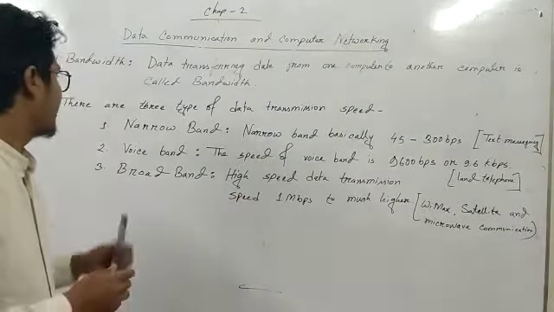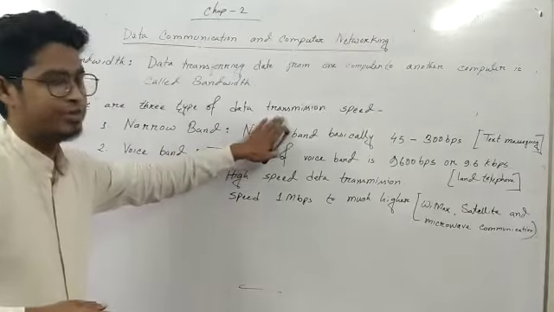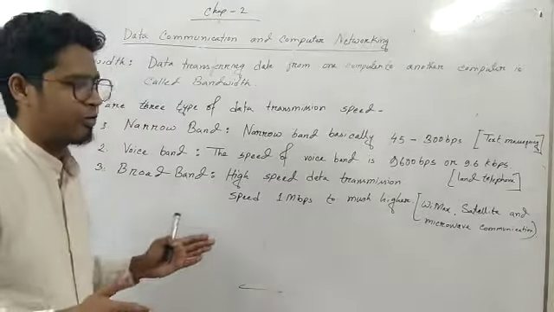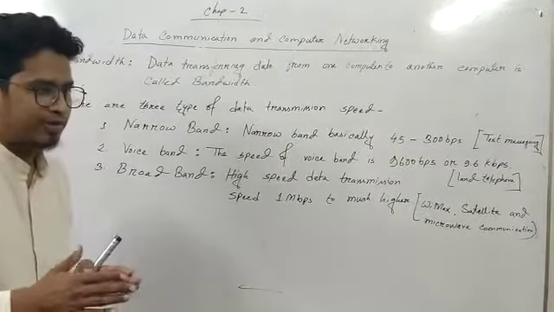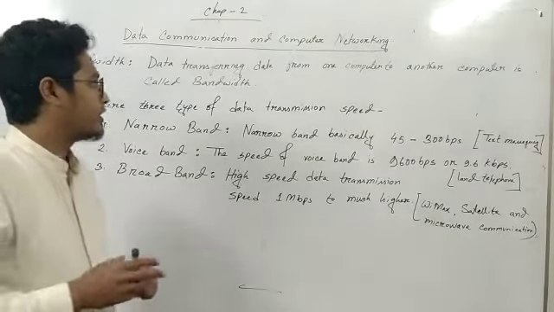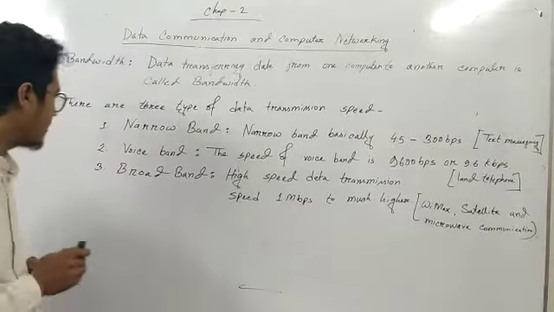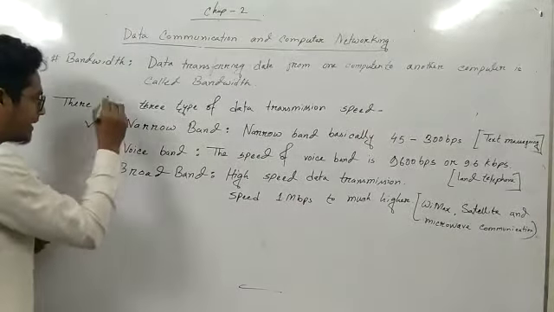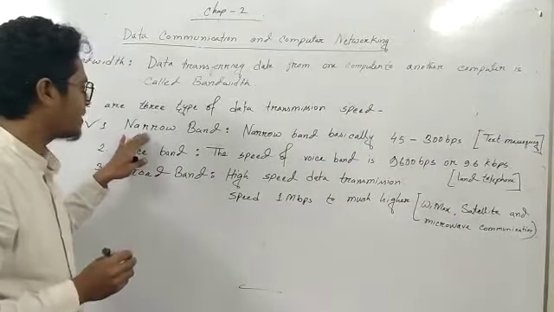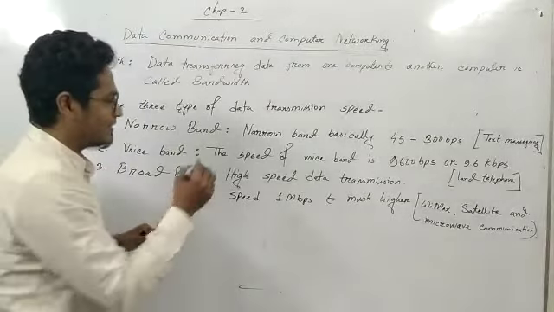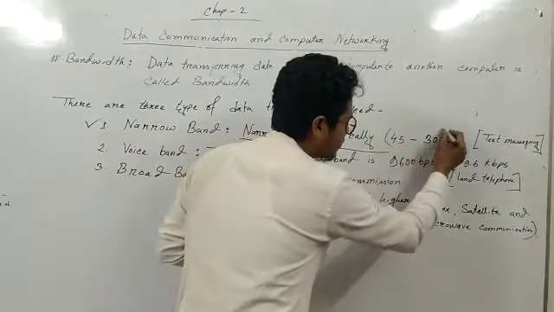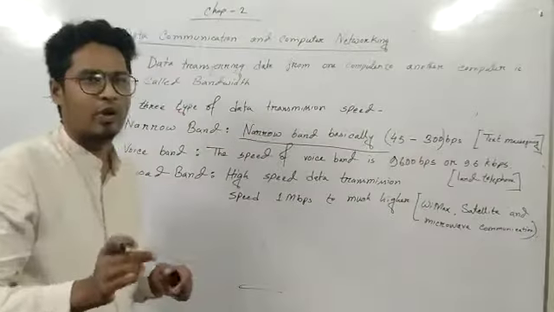And there are three types of data transmission speed. First, narrowband. Narrowband is a kind of band that transfers data at 40 to 300 bps, very slow.